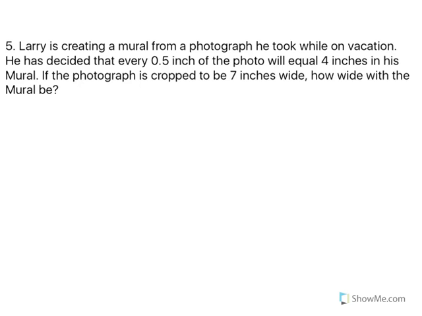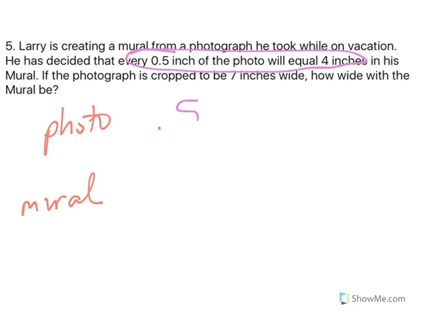Number 5, Larry is creating a mural from a photograph he took. For every 0.5 on the photo, it's 4 inches on the mural. So we're looking at photo compared to the mural. Okay, so first I'm going to start with, it said photo to 4. So on the photo is 0.5, to the mural is 4. Okay, what else are they giving me?